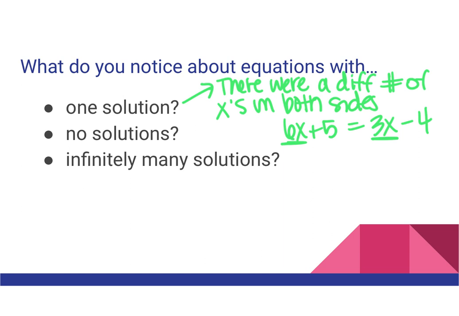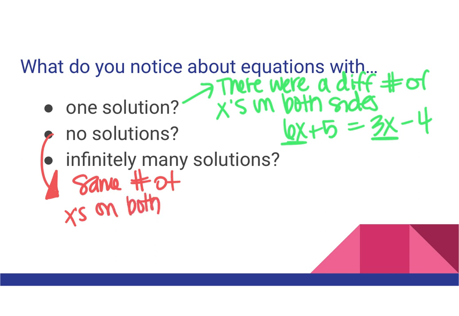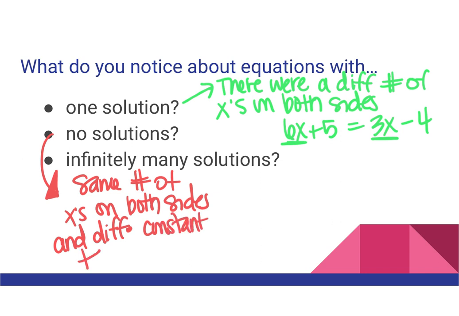Now, what about in the case where there was no solution? Okay, so I'm going to leave them all on the screen so we can look at it together. When there was no solution, we had the same number of x's on both sides, and we were adding or subtracting different constant terms.